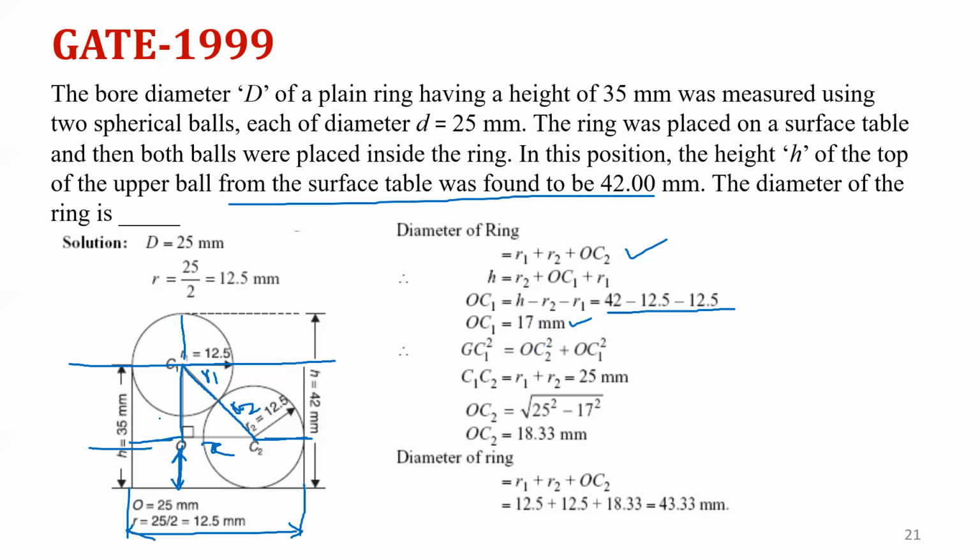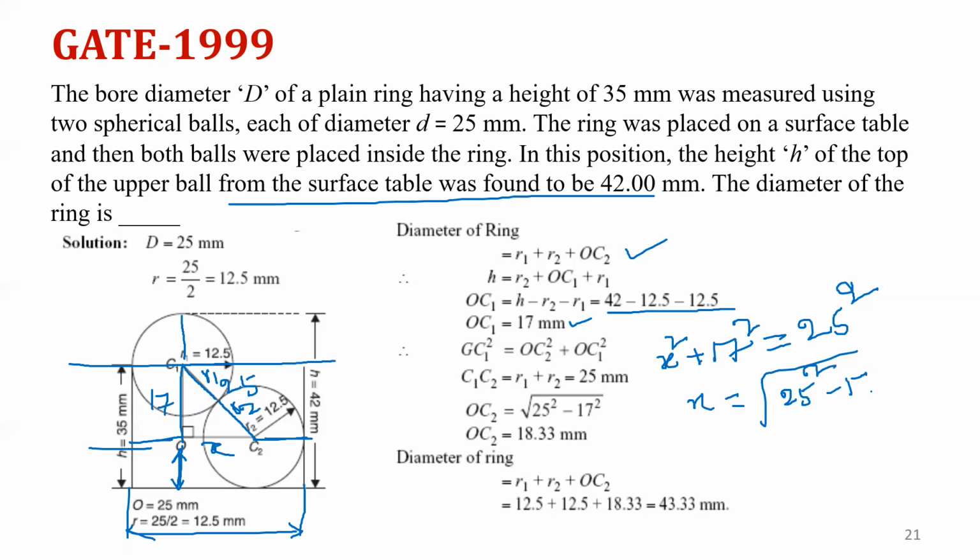So if you know OC1 is 17 and this is 25, what is x? So x square plus 17 square is equal to 25 square. Therefore, x is equal to the square root of 25 squared minus 17 squared.